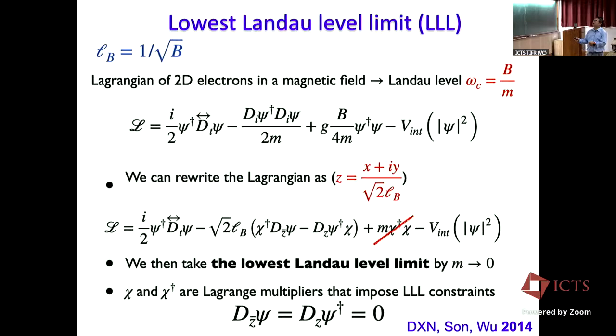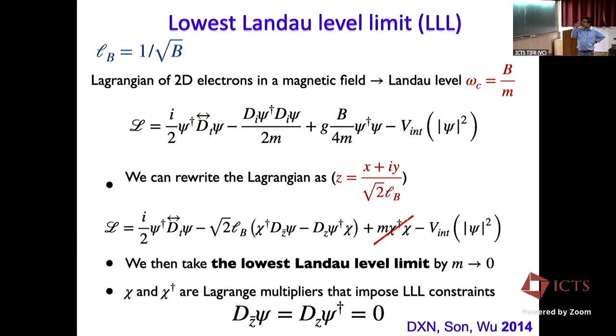As talked about by Inti, the cyclotron frequency equals B divided by M, so the distance between the Landau levels is B divided by M. When you take the M going to zero limit, or B going to infinity, we go to the lowest Landau level limit, where we can zoom in on a single Landau level and forget about the very far Landau levels. So it's a mathematical way to take the lowest Landau level limit.